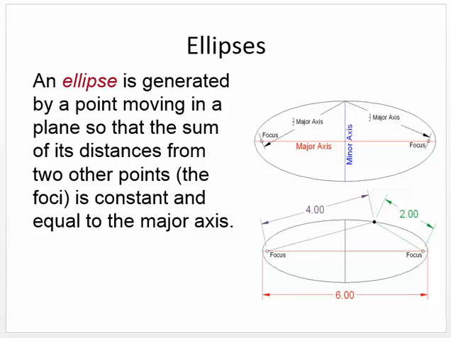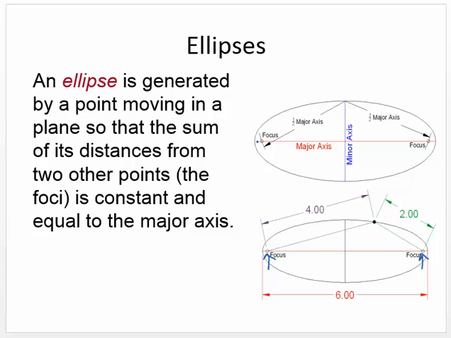Okay, an ellipse is generated by a point moving in a plane so that the sum of its distance from the 2 points, the foci, is constant and equal to the major axis. So what we look at here, in this ellipse, first of all, I want to talk about the foci. Here's a focus, there's a focus, and if we put those together, it's called foci. We have a minor axis. The minor axis is the axis that goes from one skinny side to the other skinny side.